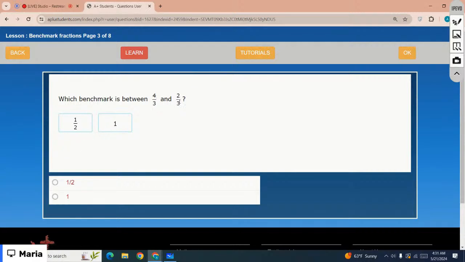How? 2 by 3 is less than 1. But here the numerator is greater than the denominator in 4 by 3, which means the fraction is greater than 1. So 4 by 3 is greater than 1. 2 by 3 is less than 1 and 4 by 3 is greater than 1. So the correct option is 1.